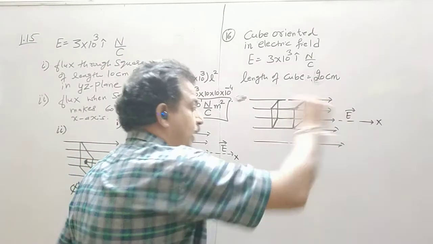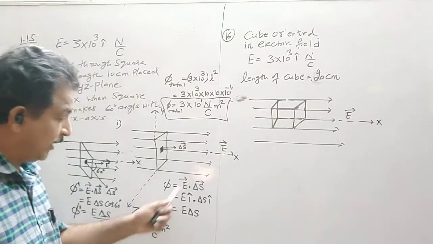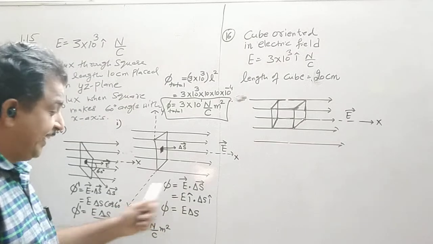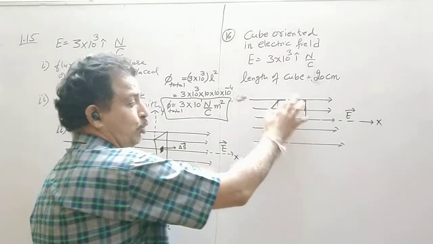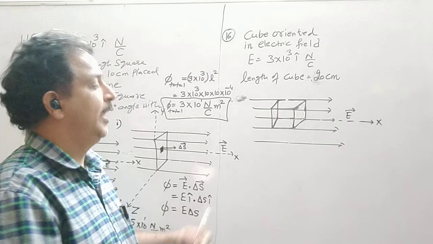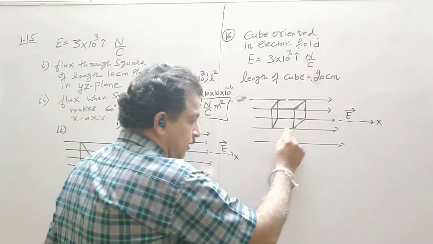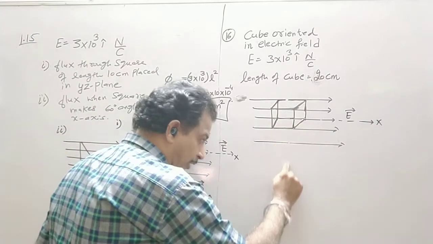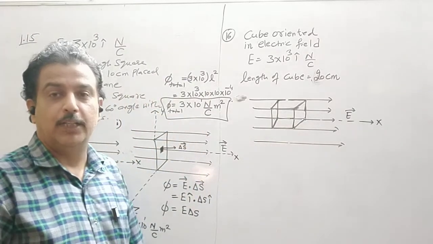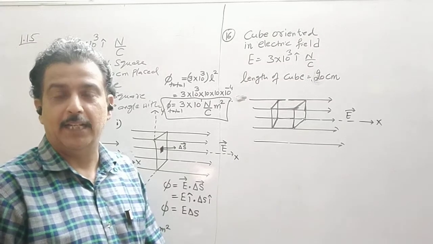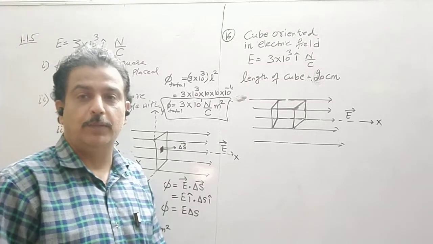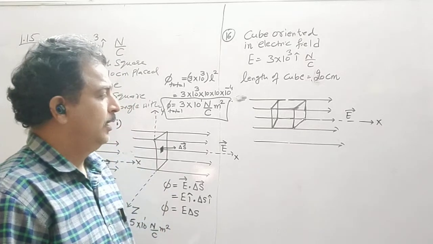Electric field is along x-axis. So flux linked should be equal to E S cos 90. So this face will not contribute. Similarly, if I take this bottom face, again the area vector is along negative y-axis, angle is 90 degree. Whenever it makes an angle 90, the flux should be 0 because cos 90 is 0.